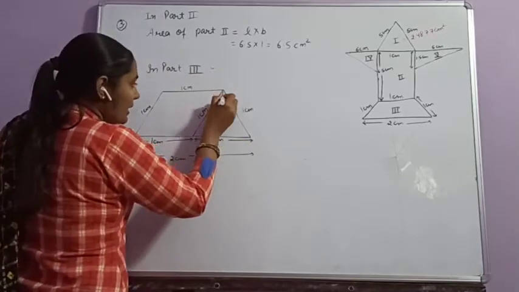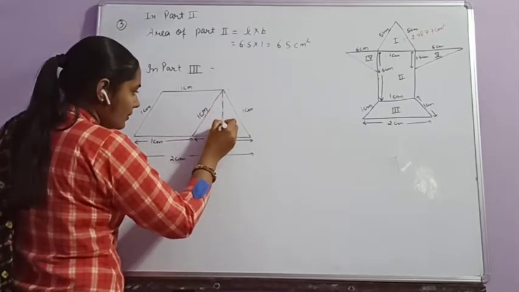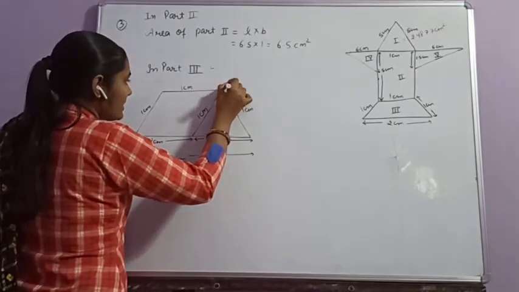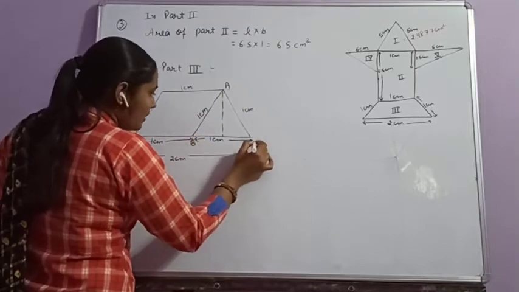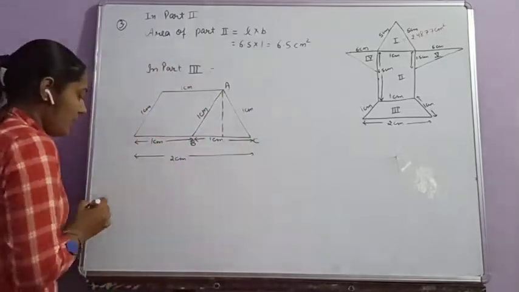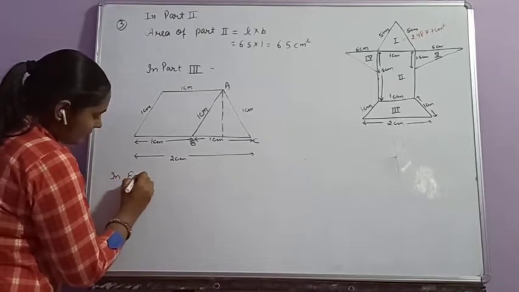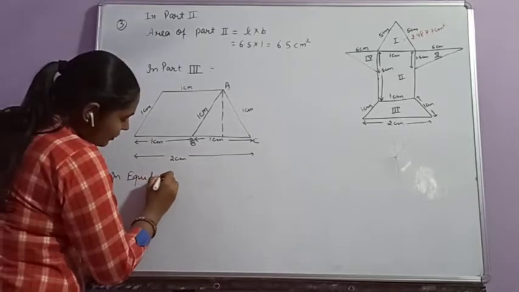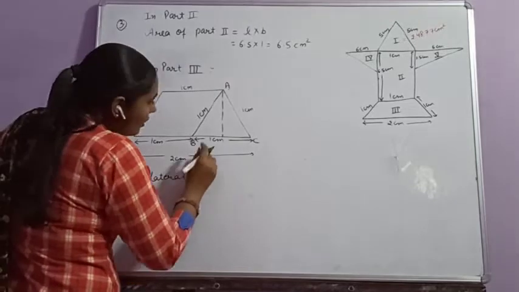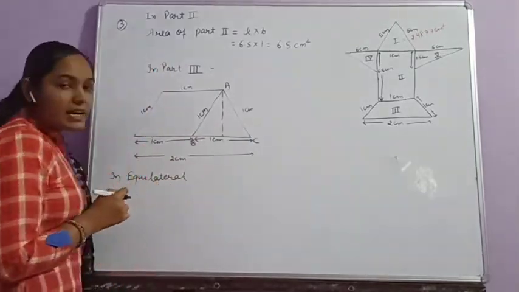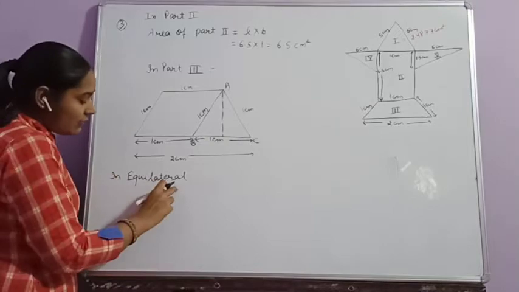We can draw a perpendicular and name it as A, B, C. As we know that all three sides of triangle ABC are of equal length, so it is an equilateral triangle.